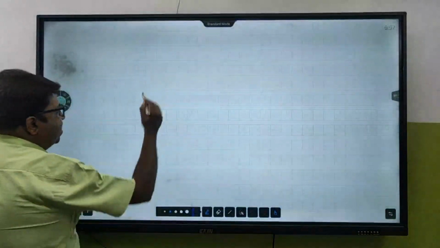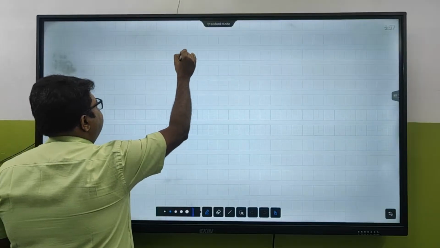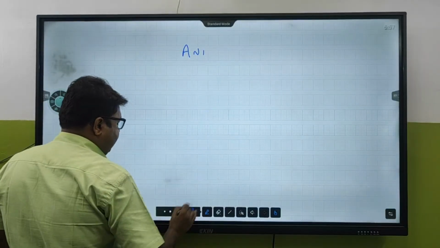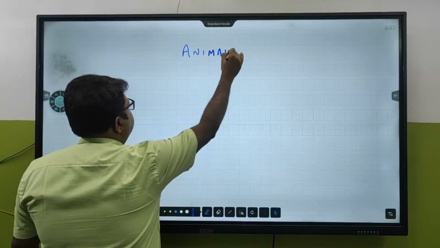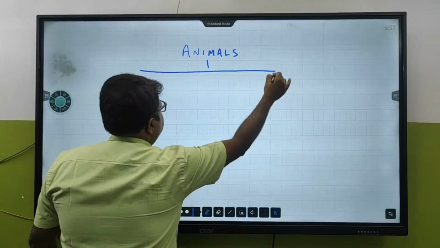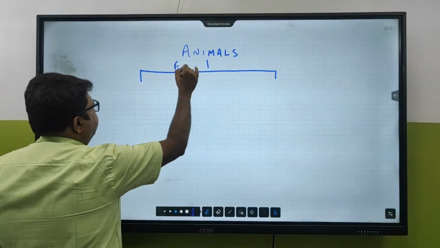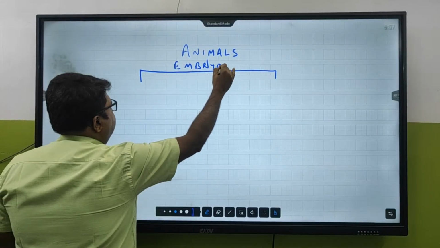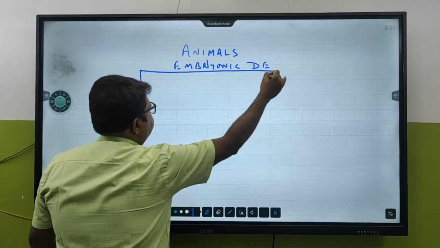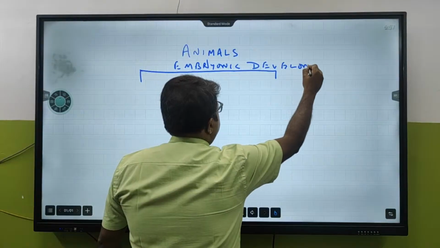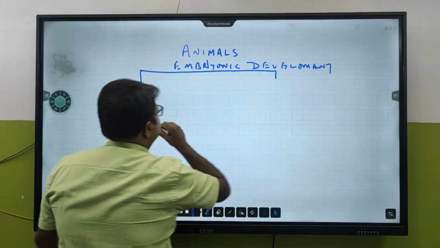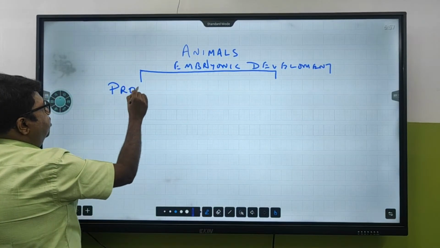Okay. We can classify animals on the basis of their embryonic development into two groups. One is called protostomia.